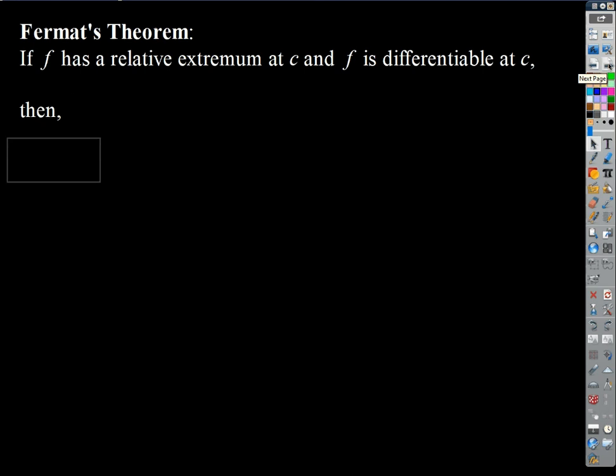So I'm gonna throw this one at you. This one doesn't show up in a lot of textbooks, but I think this is kind of a cool one. I think this is one that if you go on in math, you'll see this again. Fermat's theorem is one of his theorems. It says if f has a relative extremum at c, and f is differentiable at c, then what? What does it mean to be differentiable?